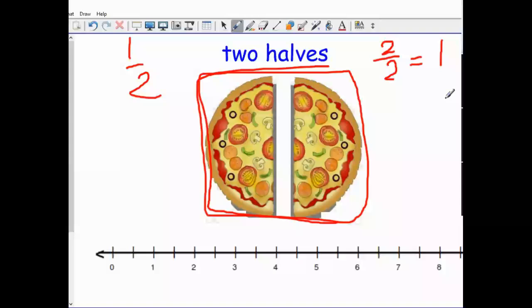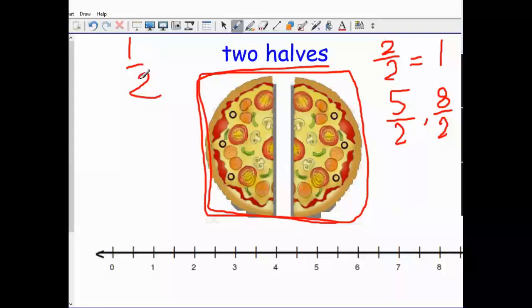If I want to write five halves, I write it like this. If I want to write eight halves, I write it like this.